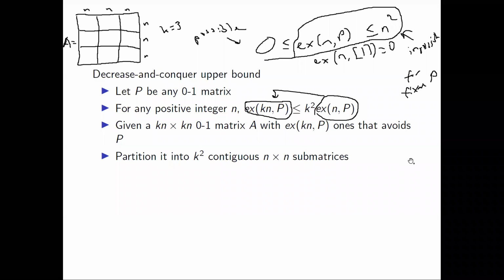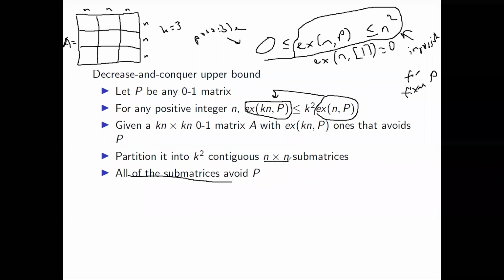And most importantly, since our original matrix A avoided P, all of these submatrices also have to avoid P. So we can bound the number of ones in each of the submatrices using the extremal function. All of the submatrices avoid P, and all have dimensions n by n. So the number of ones is going to be bounded by EX(n, P) for each submatrix.